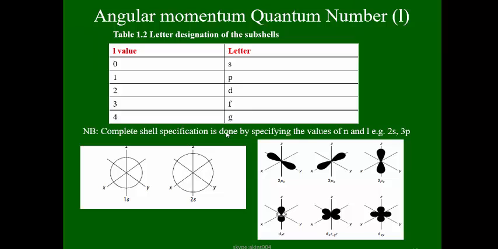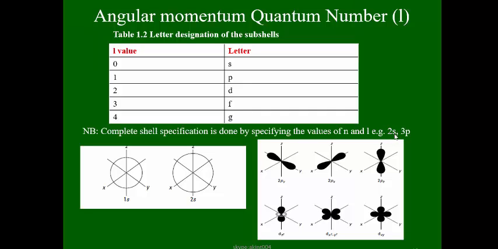Complete shell specification is done by specifying the values of N and L. So if you want to specify a shell, the values of N and L are put close to each other, like we have 2s, like we have 3p here. 2s means that N is equal to 2, the principal quantum number. When N is equal to 2, it means this shell is on the second energy level, the second shell.